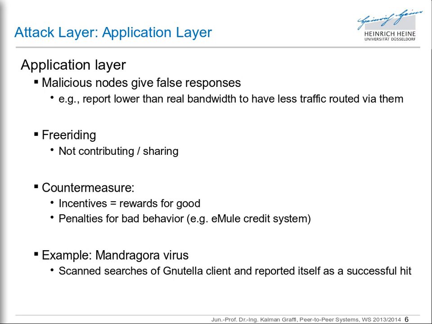For example, they may pretend to be unreliable and weak in terms of bandwidth and computation power. Also, they could use free riding. For example, in file sharing applications, one can simply delete or move finished downloads to not contribute to sharing this file.